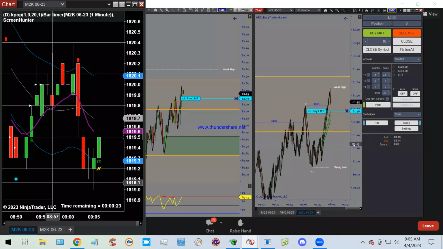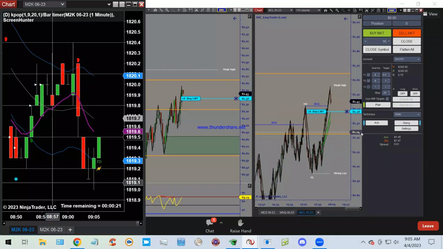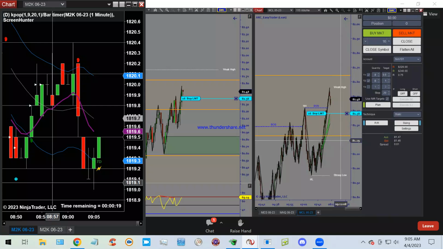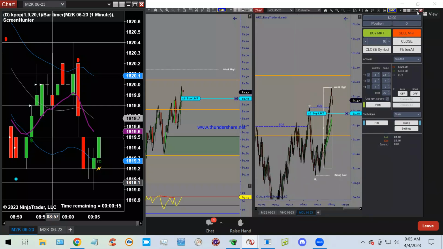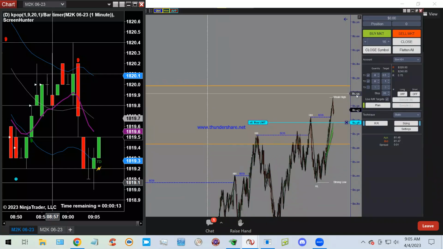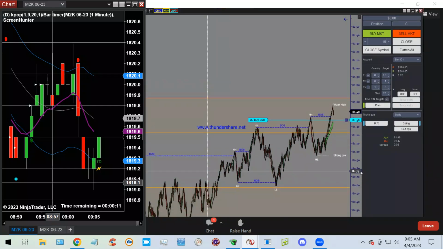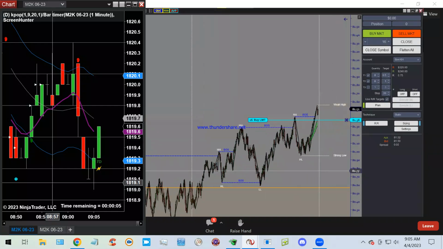Break of structure. Broke through that area, that supply zone.